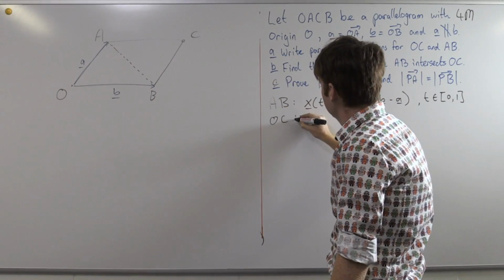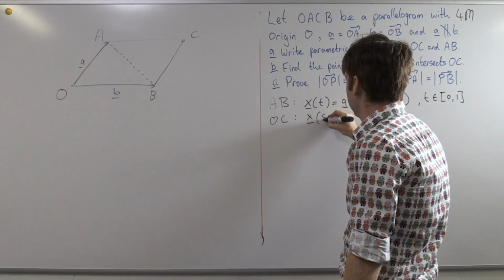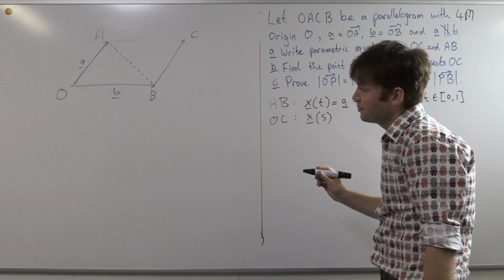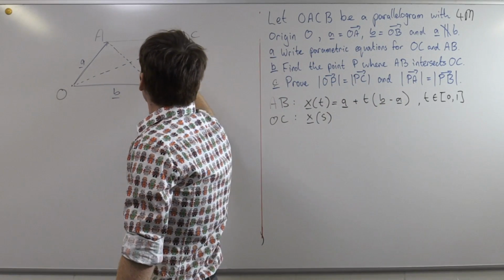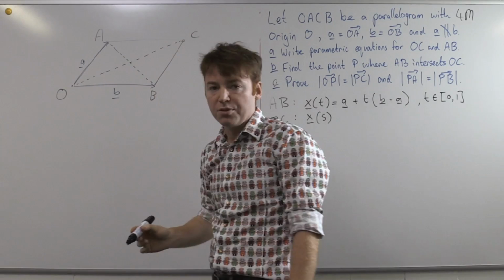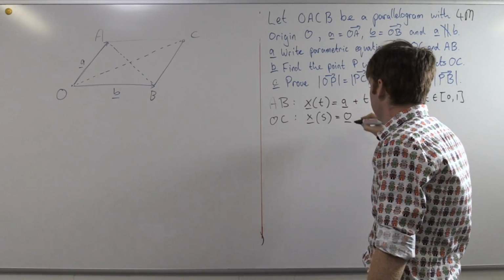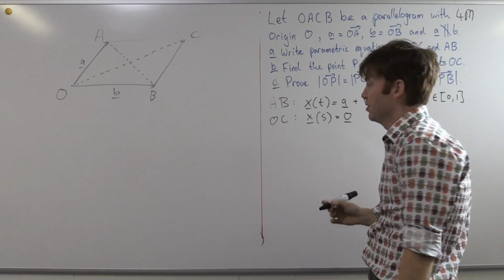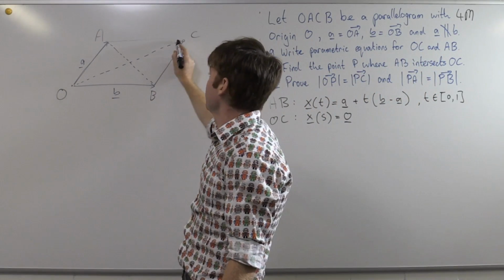OC. We get OC in exactly the same way. I'll give it a different parameter. Let's call this one S. Now we want this diagonal over here, and I'm going to proceed in exactly the same way. I'm going to pick the coordinate vector for the origin, 0. So I'm going to start here, and then move along by some amount of the vector.